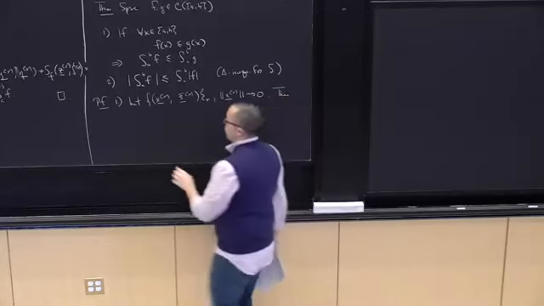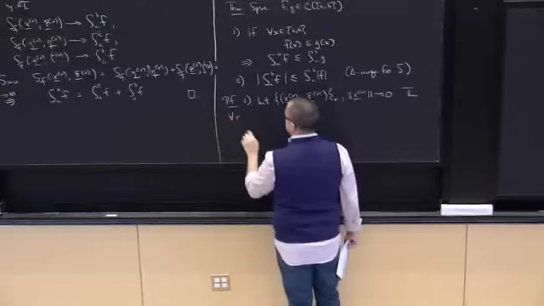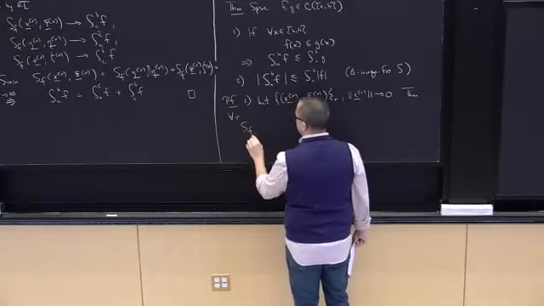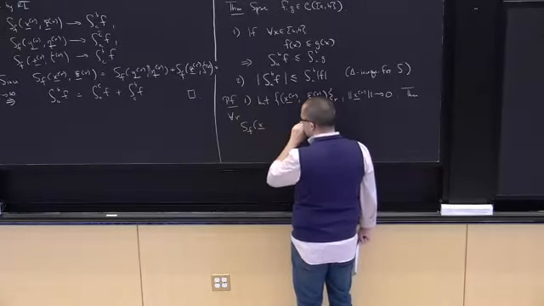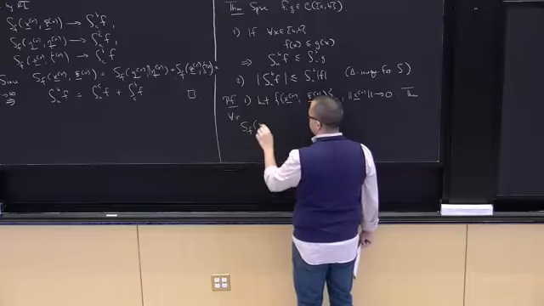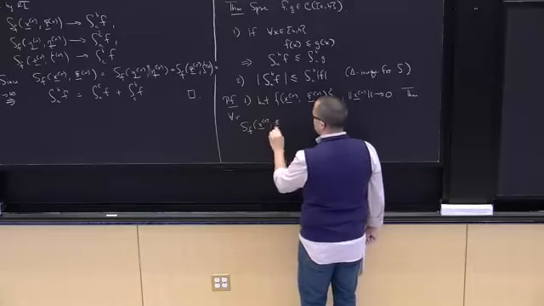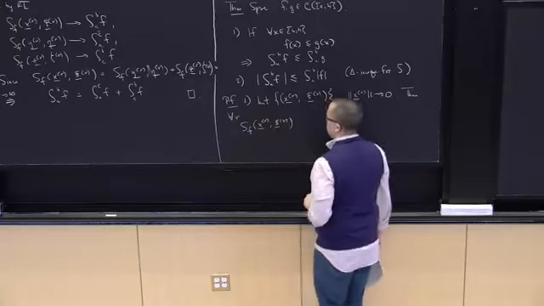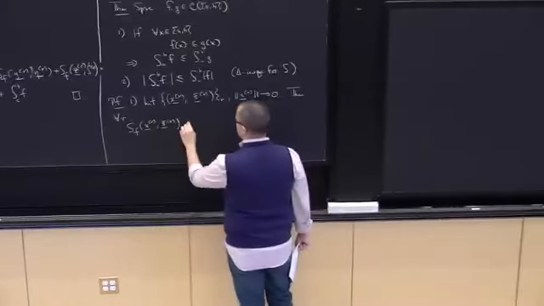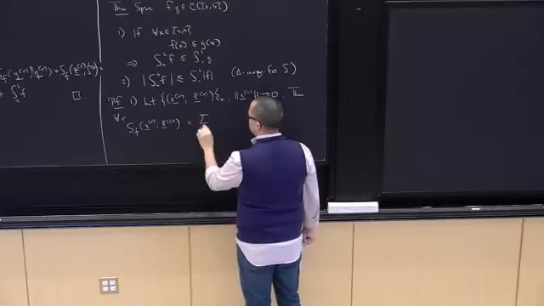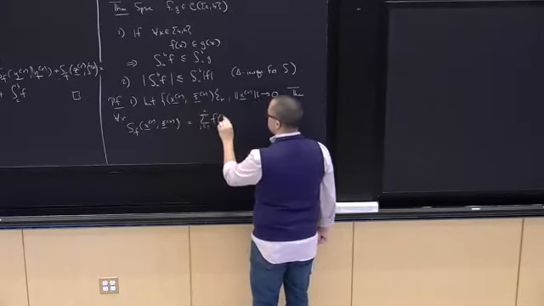Then for all r, if we take the Riemann sum with respect to f of this tagged partition, this is equal to the sum from j equals 1 to n. This is just the definition.